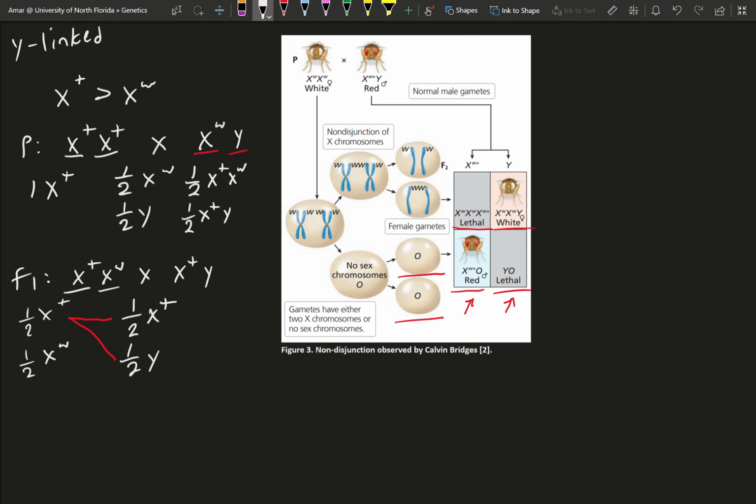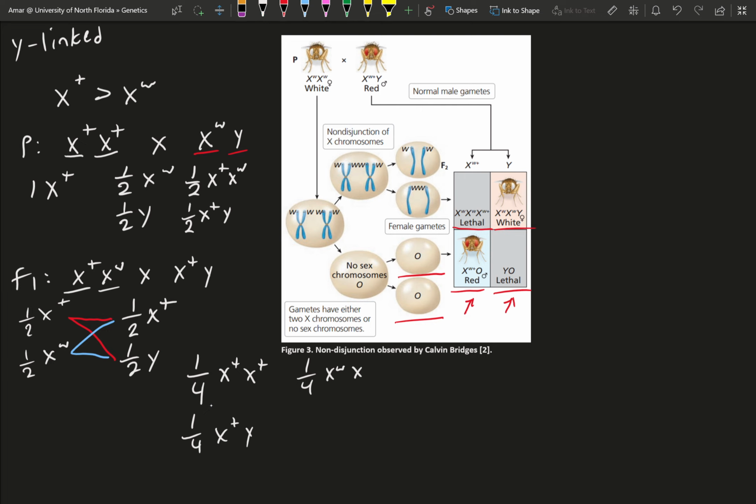So basically what you will get here is a 1/4 chance to be X plus X plus, 1/4 chance to be X plus Y. And then from the other one, you would have a 1/4 chance to get X little w, X plus.